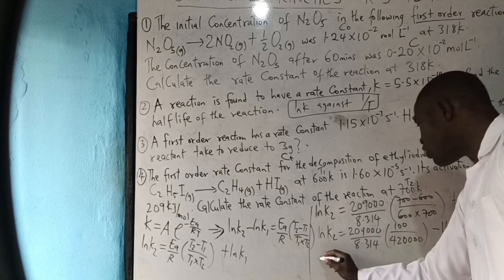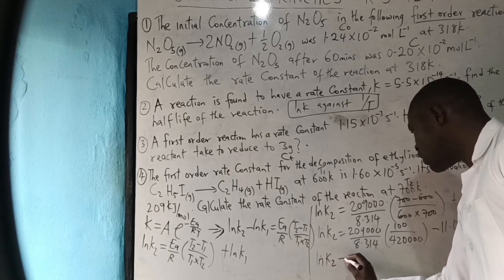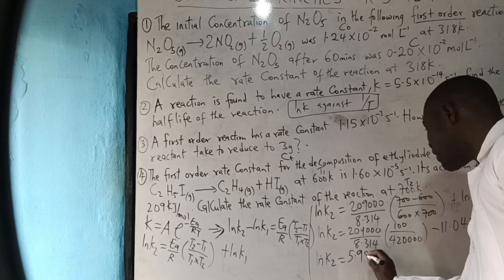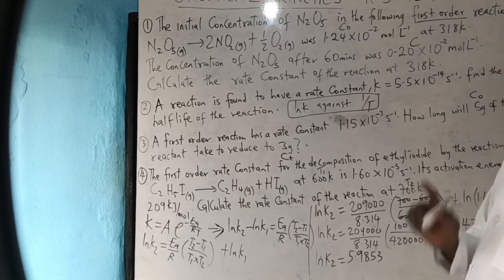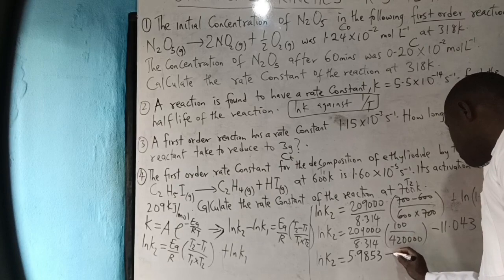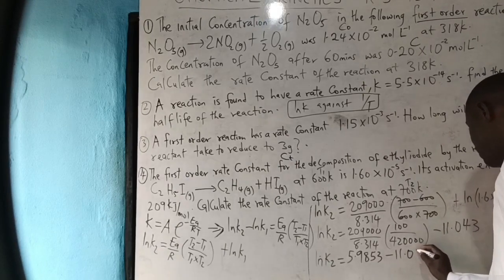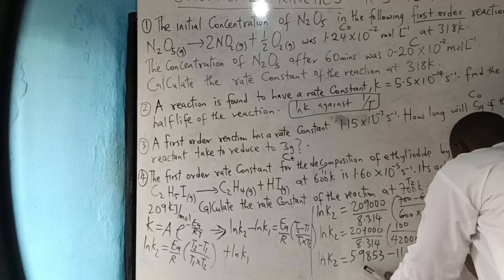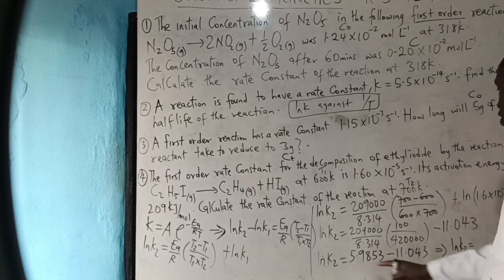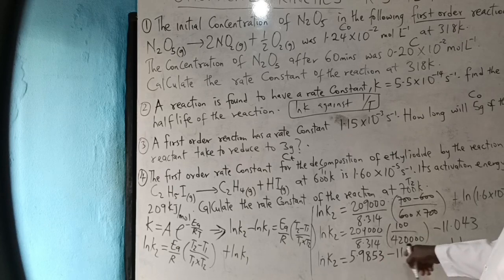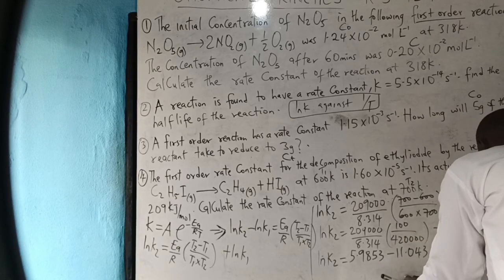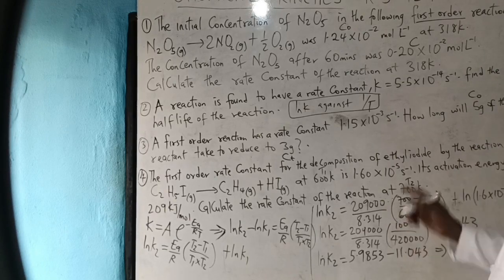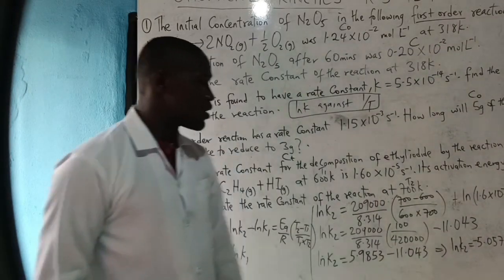What it will give you is that ln k2 equals, you compute this, it will give you 5.9853. You combine it with this minus 11.043, and if you subtract, it will give you ln k2 equals minus 5.0577. Just confirm it with your calculator.